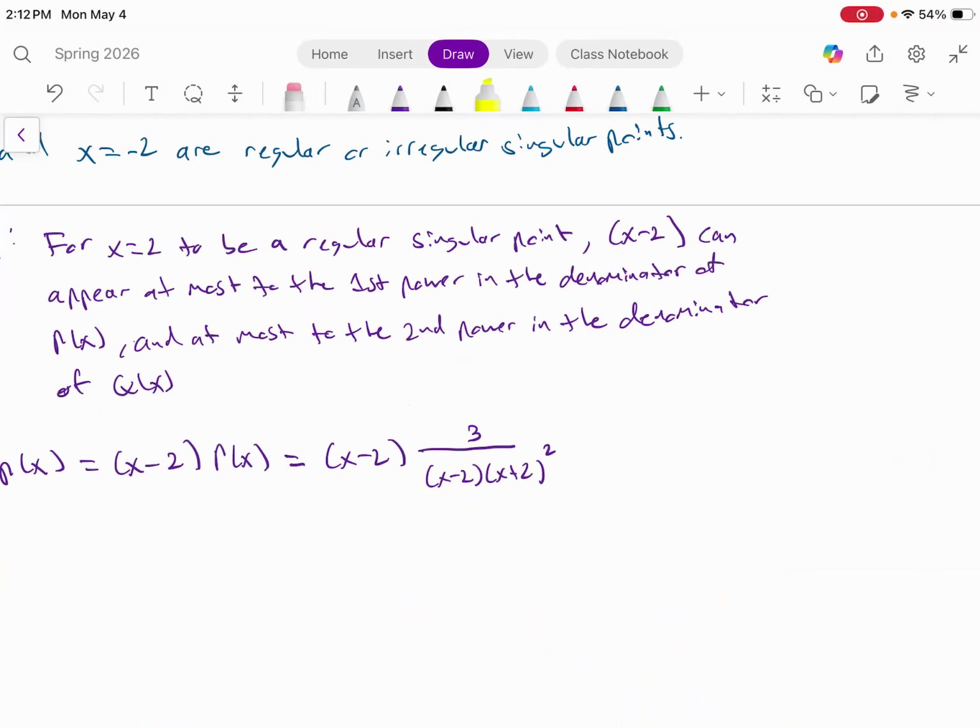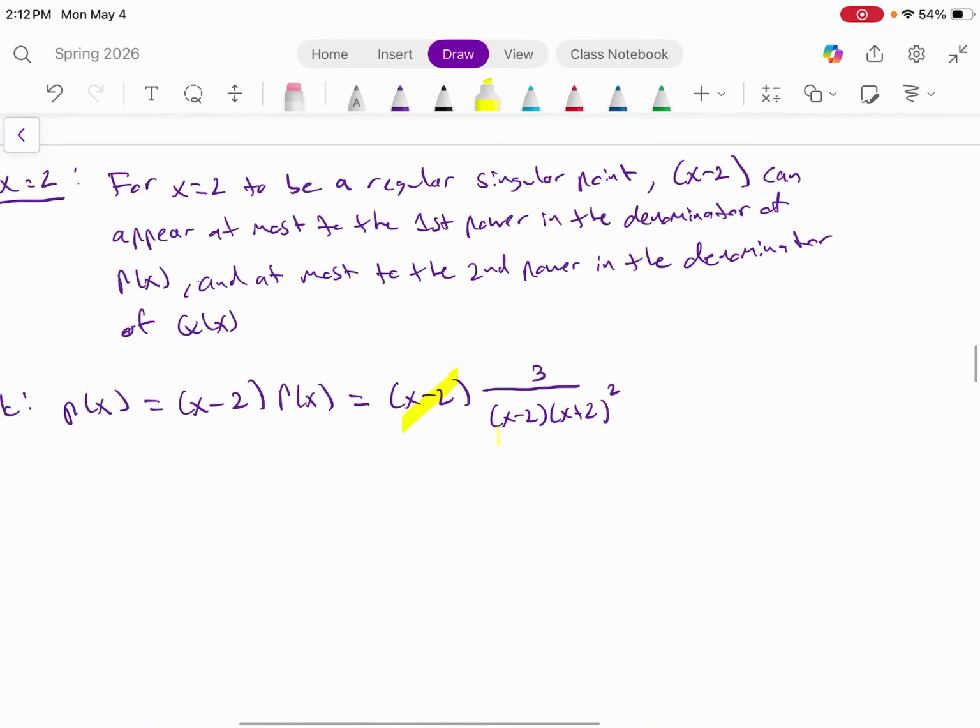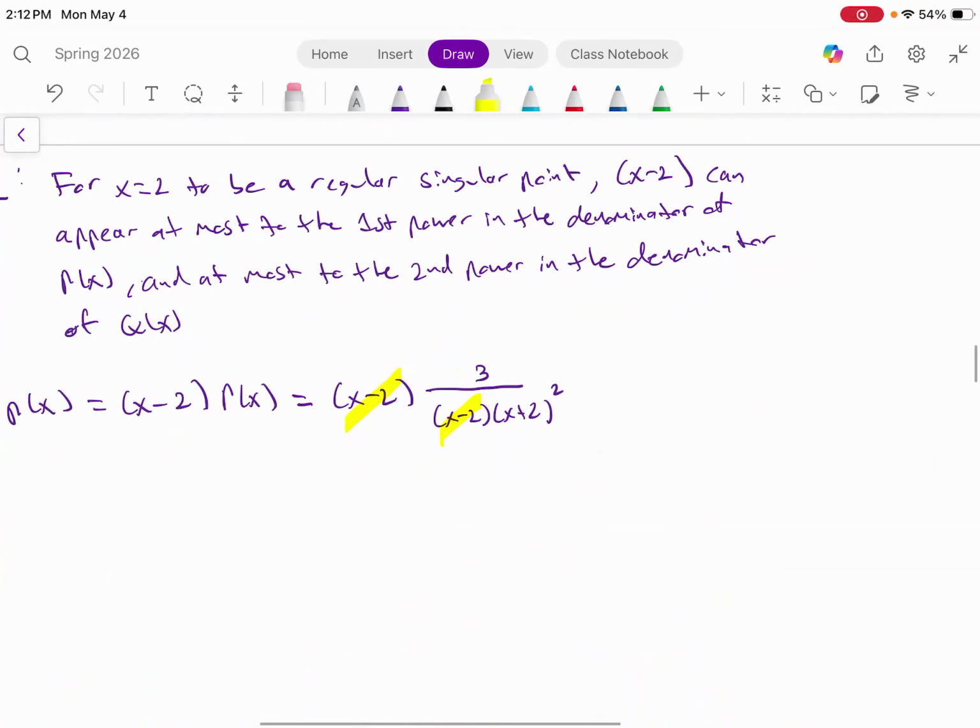Okay, and that works out well because the x minus 2's cancel out. And what I'm just left with is 3 over x plus 2 squared. Okay, so there's no domain issues at x equals 2, right? So P of x is analytic, meaning no domain issues at x equals 2.